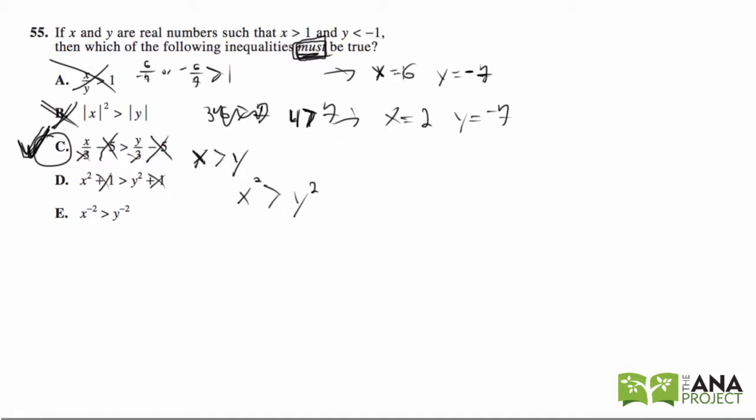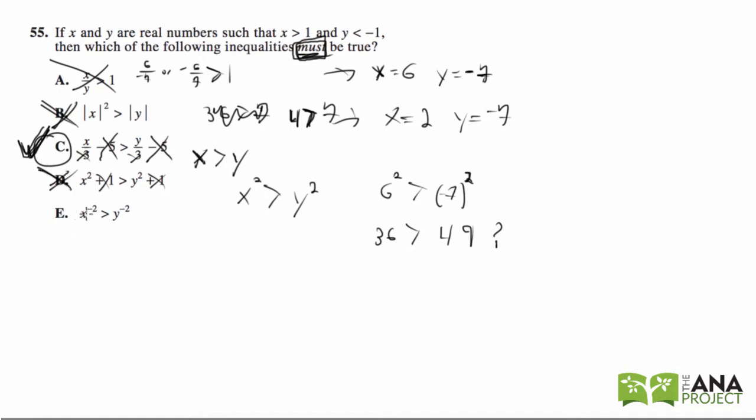Is 36, which is 6 squared, greater than -7 squared? Any negative number raised to an even power is going to be positive, by the way. So is 36 greater than 49? Nope. So we can get rid of that one.